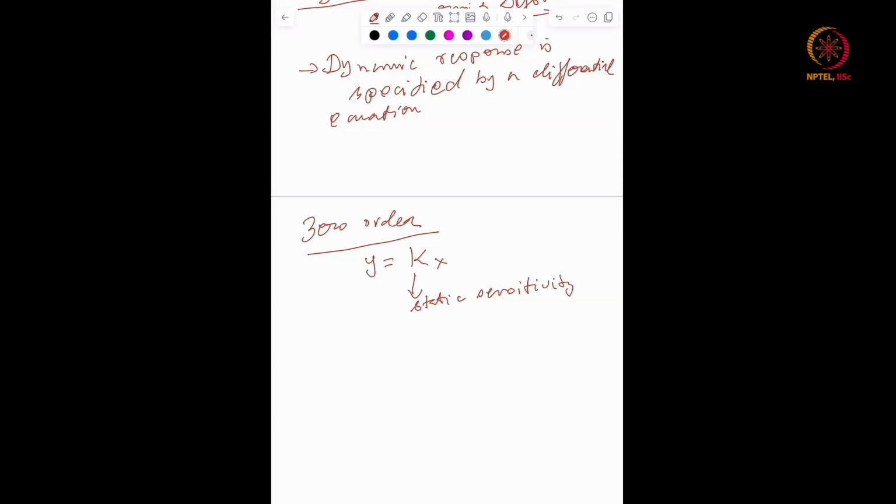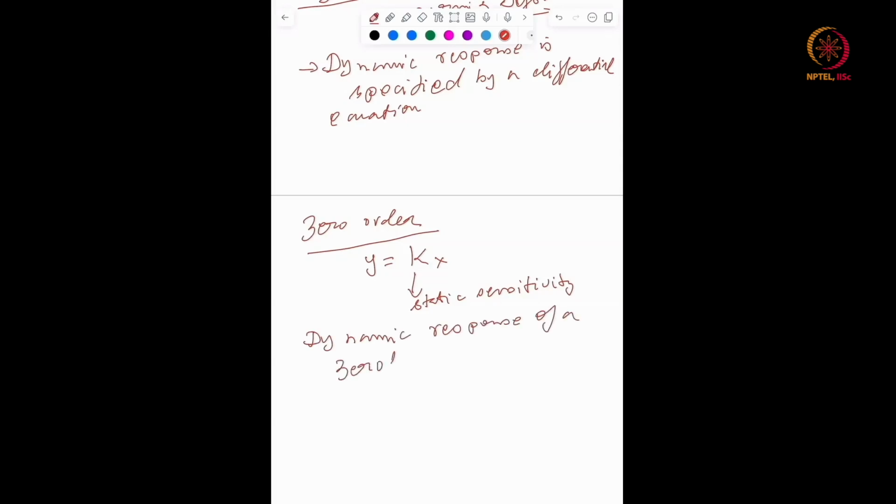Okay? The dynamic response of a zeroth order system is independent of time. The output remains proportional to the input at all times.